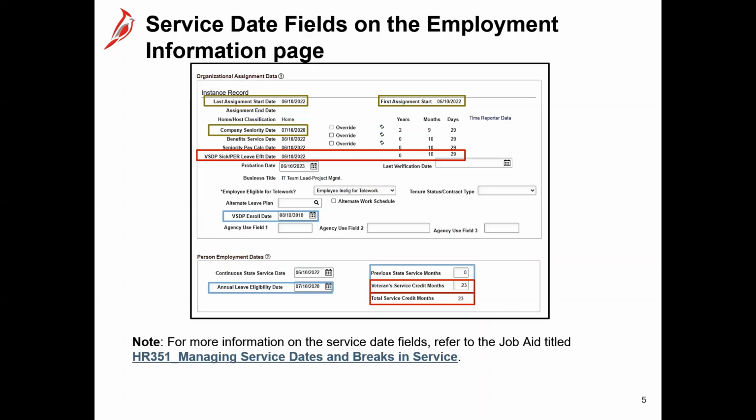All right, the next field we're going to go over is the previous state service months. This is the same field as the prior service months, but the title has been changed, again, to make it more clear as to what information should be housed there. It is only for prior state salaried service, okay, for employees that had prior state salaried service.